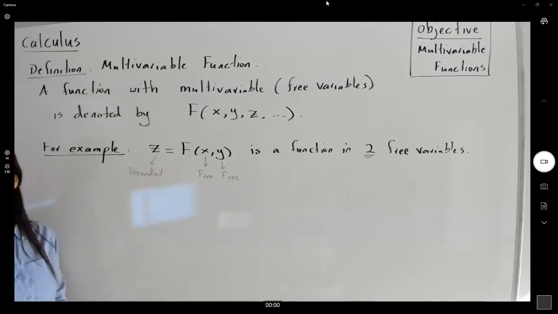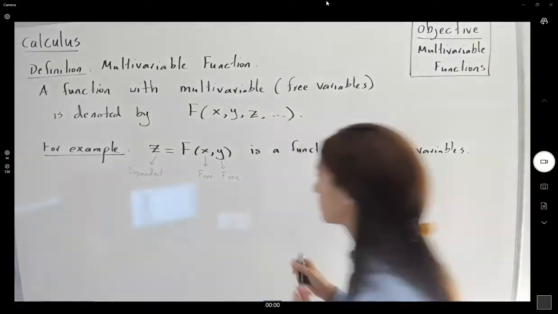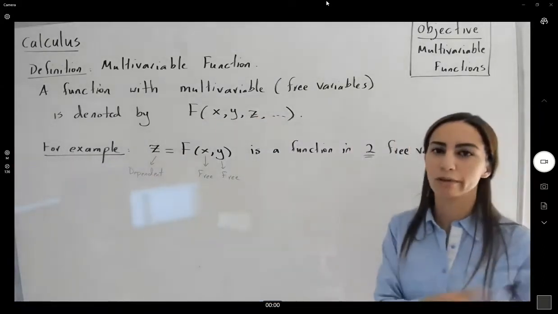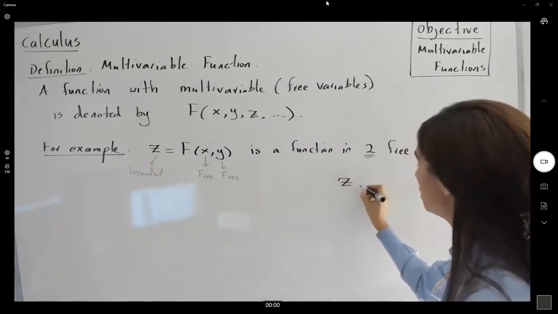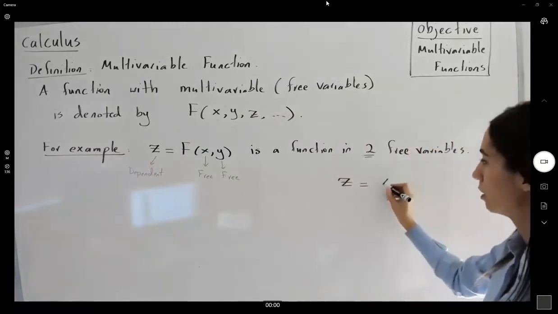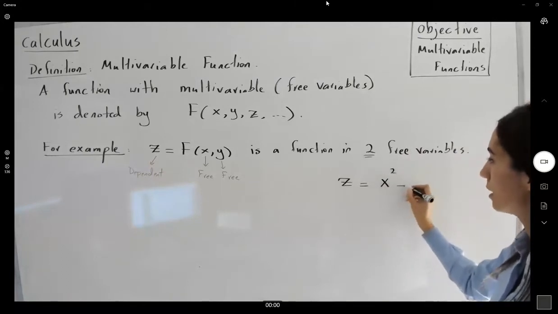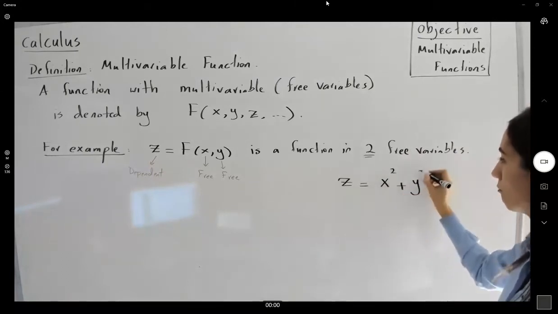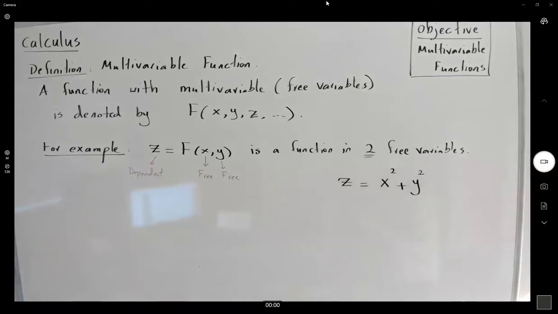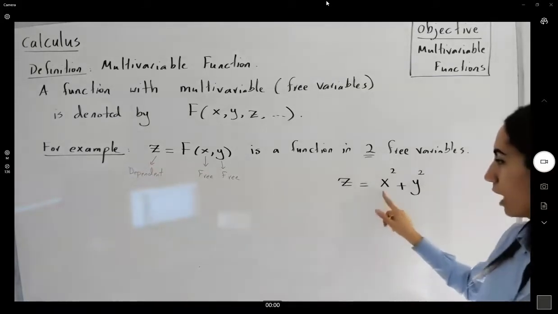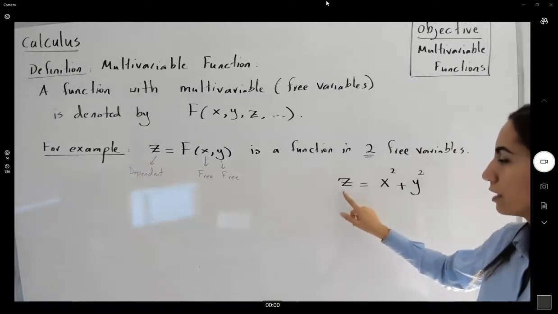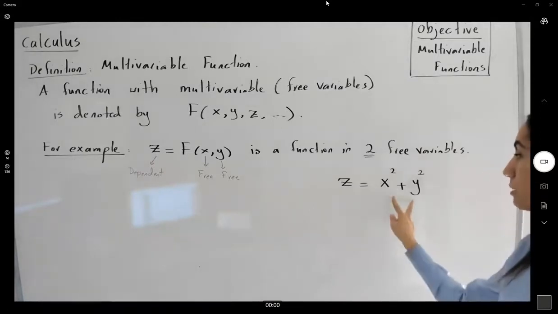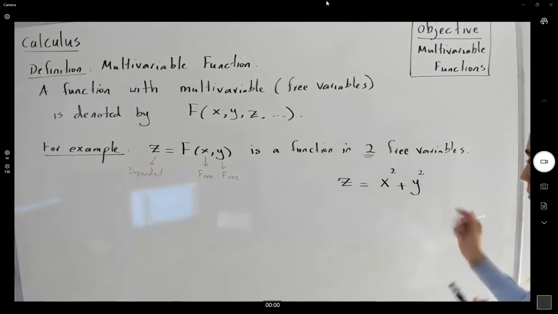Very well. Let's take a look at just one example that is very similar to what we saw before. Take a look at z equals, for example, x squared plus y squared. Here you have two free variables, and this is the variable depending on these two variables.